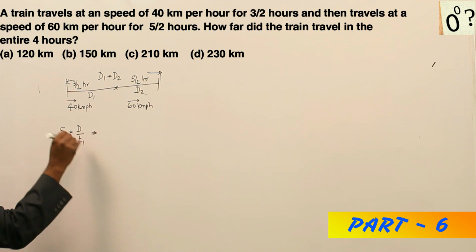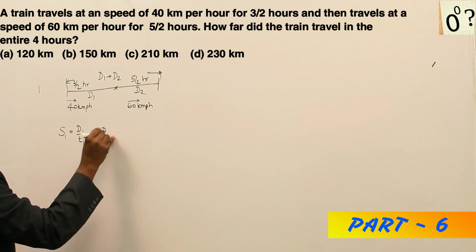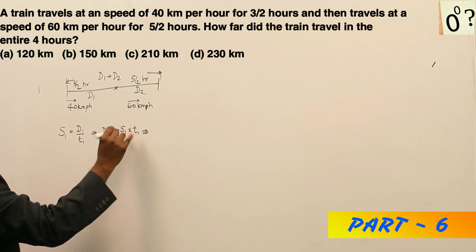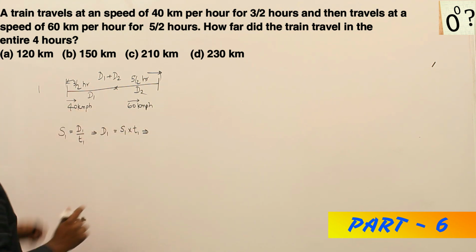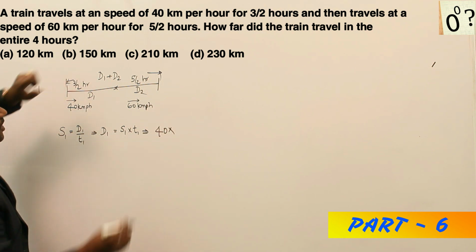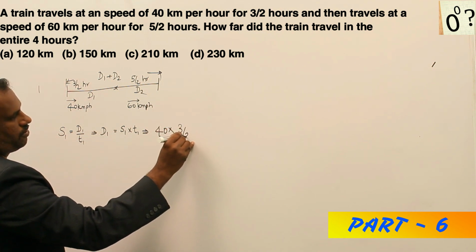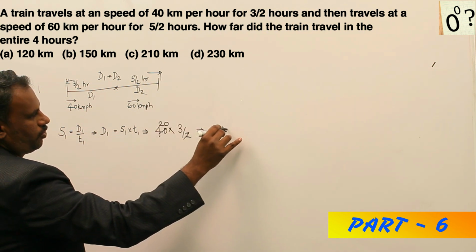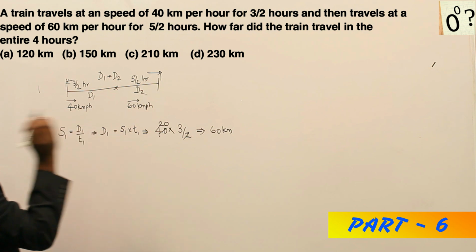Here speed 1, time 1, distance 1. So distance 1 equals speed 1 into time 1. Here speed 1 is 40 km per hour for 3/2 hours. Okay, so it reaches 60 km. So this is D1.